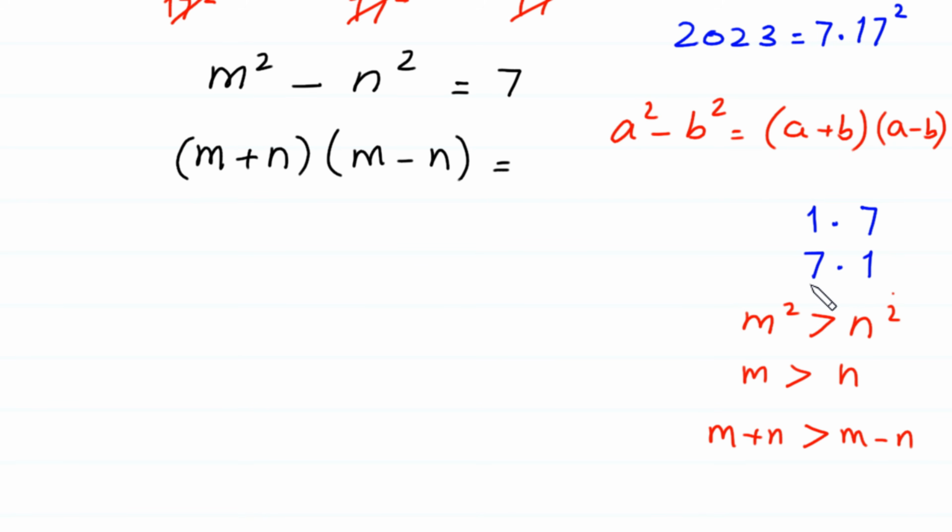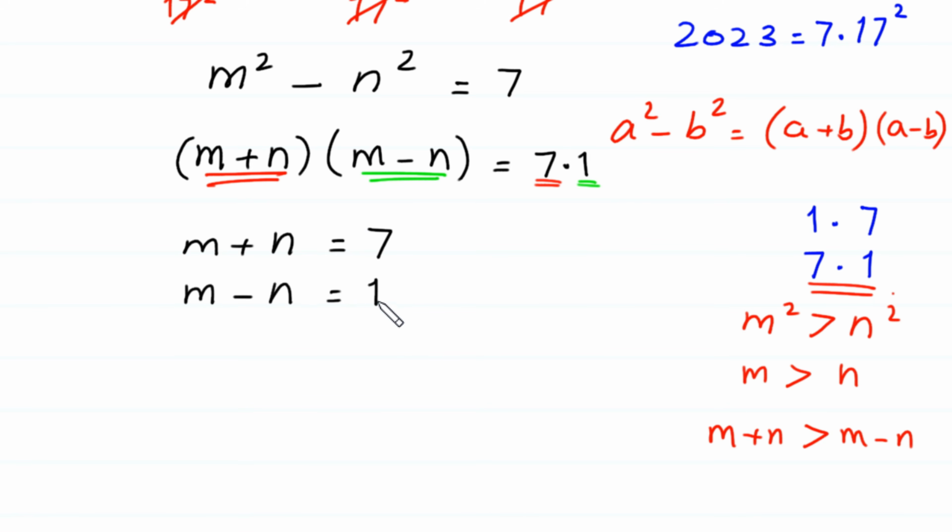So we select this pair 7 times 1. We factorize this 7 as 7 times 1, and this greater number m plus n is equal to this greater factor 7, and this smaller number m minus n is equal to this smaller factor 1. m plus n is equal to 7 and m minus n is equal to 1, and we add these two equations. 1m plus 1m, 2m, and this positive n will be cancelled with this negative n, is equal to 7 plus 1, 8.